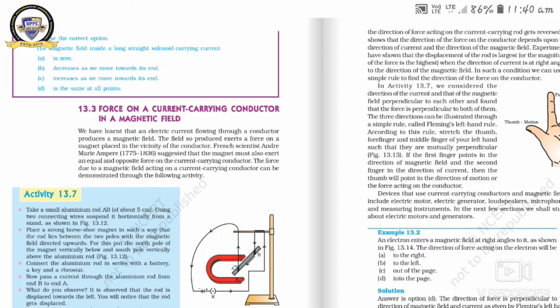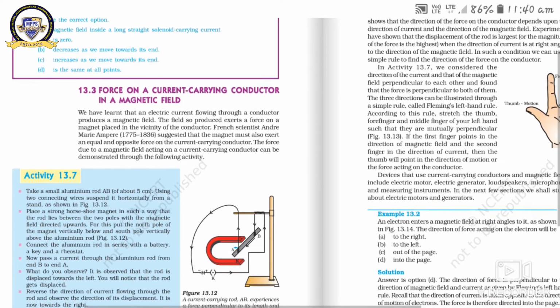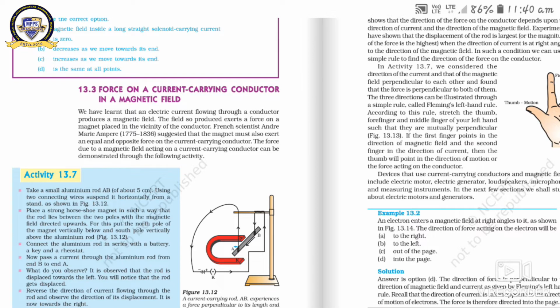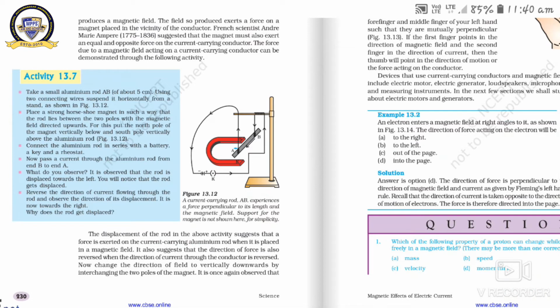French scientist André Marie Ampère suggested that the magnet must also exert an equal and opposite force on the current carrying conductor. It means if we place a current carrying conductor in a magnetic field, the conductor always experiences a force. The force due to a magnetic field acting on a current carrying conductor can be demonstrated through the following activity. Activity 13.7 describes the force acting on a current carrying conductor in a uniform magnetic field.